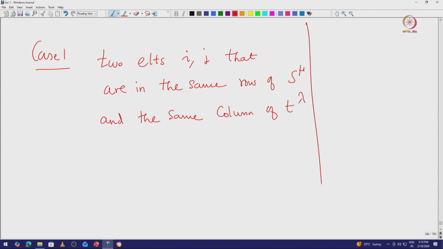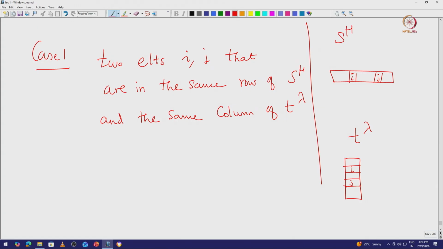So, these entries i and j, when you are looking at S mu, lie somewhere here in the same row, and when you are looking at T lambda, looking at columns, they lie somewhere here in the same column.